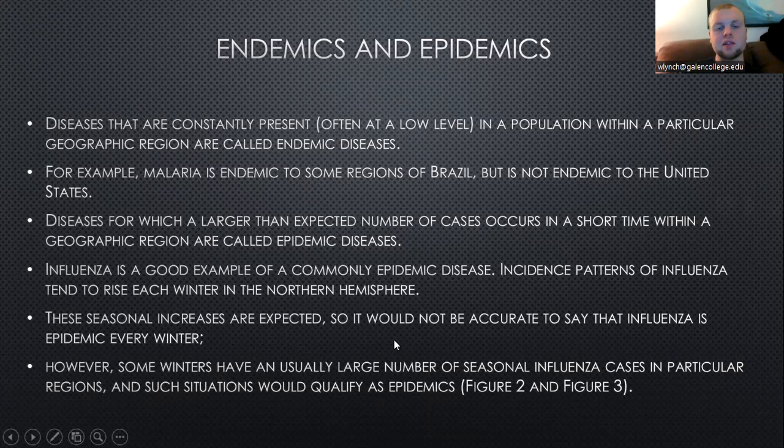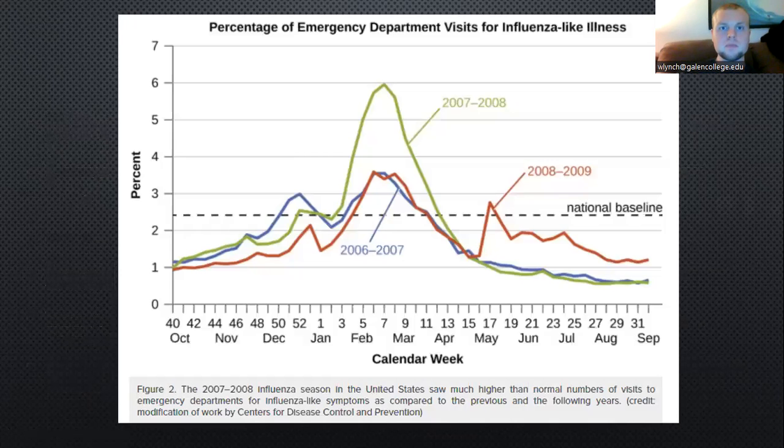The seasonal increases are expected, so it's not typically viewed as an epidemic every winter. However, sometimes it is far greater than what the expected number is. And if that is the case, then we will enter into an epidemic standard. All right, so this is an example of that where we see influenza and influenza-like illness.